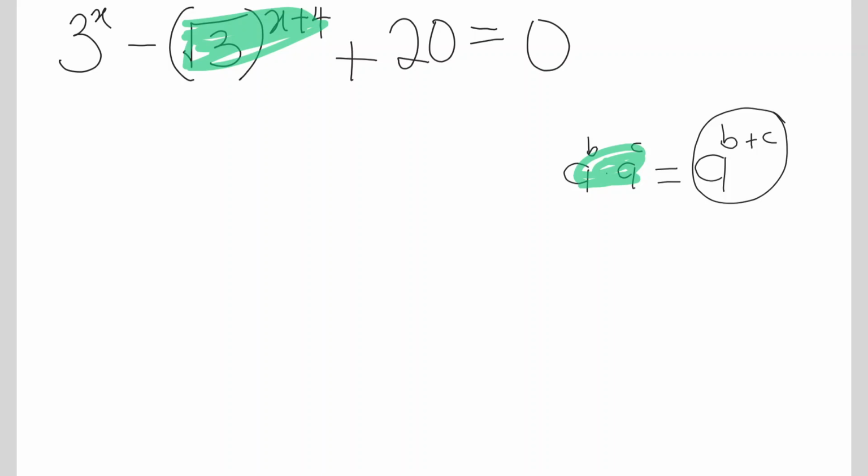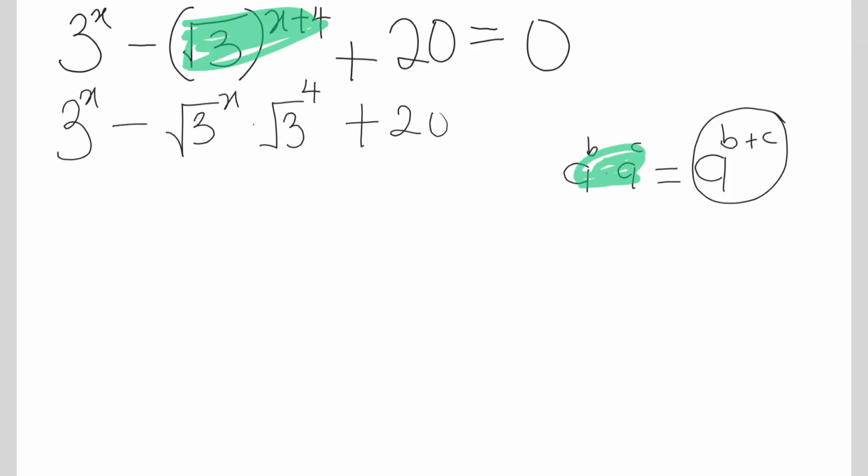We're going to be splitting the square root of 3 raised to the power of x plus 4. So it's going to be giving us 3 raised to the power of x minus the square root of 3 raised to the power of x multiplying the square root of 3 raised to the power of 4, then plus 20 equal to 0.